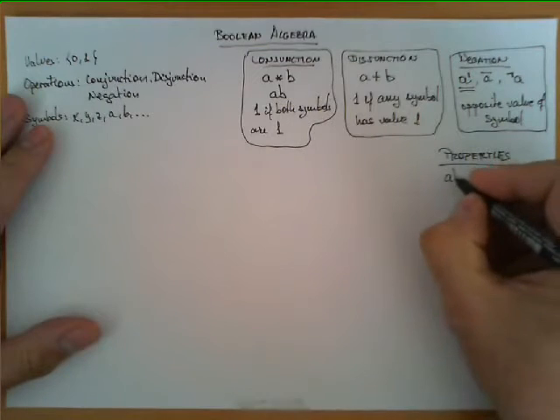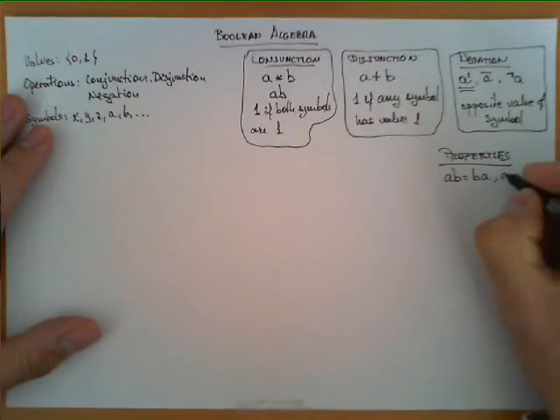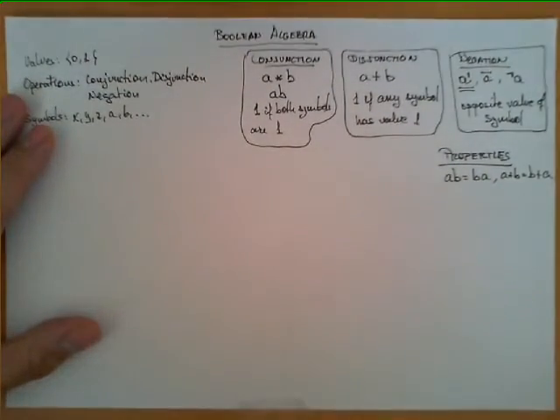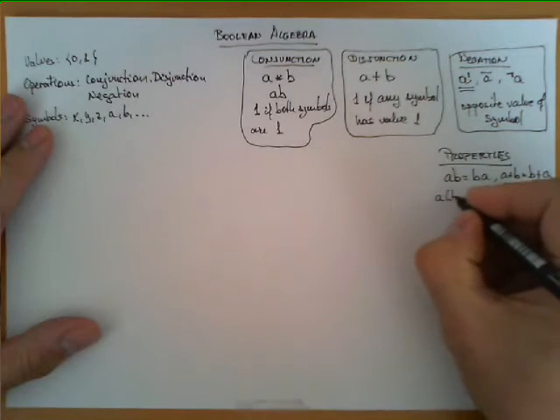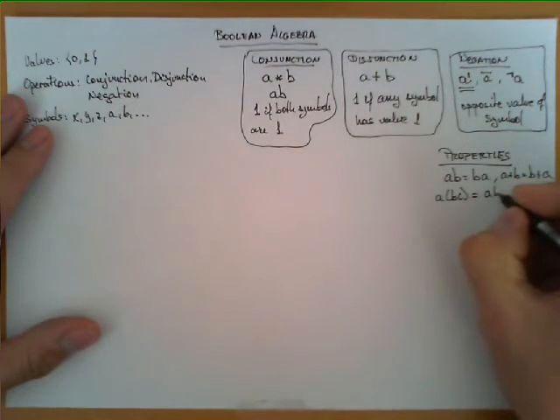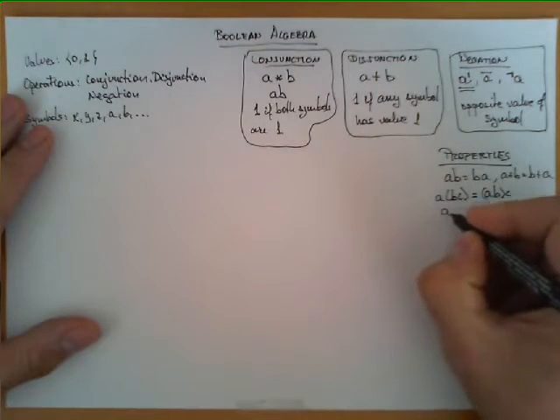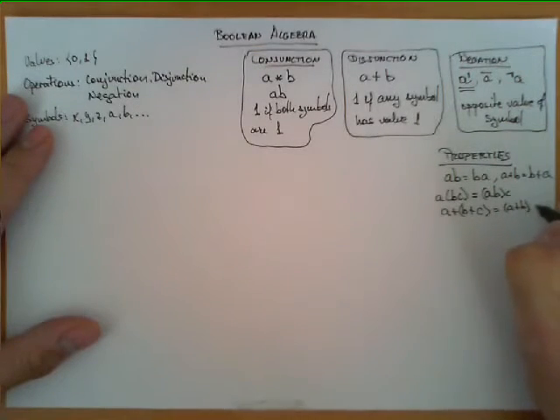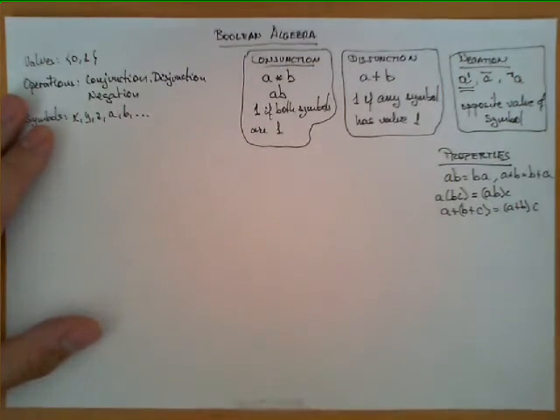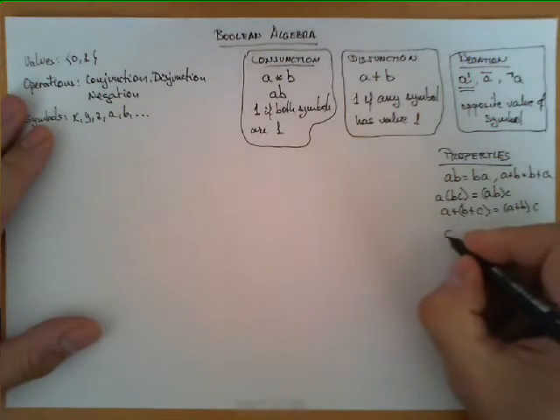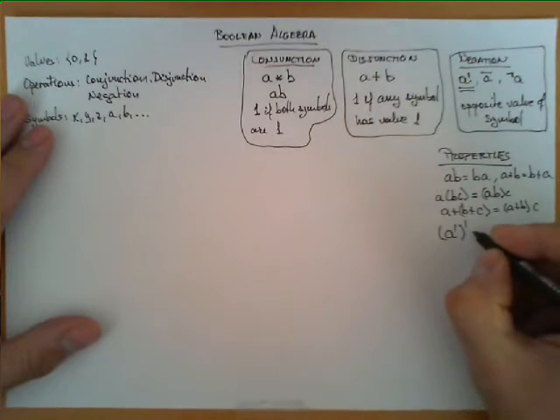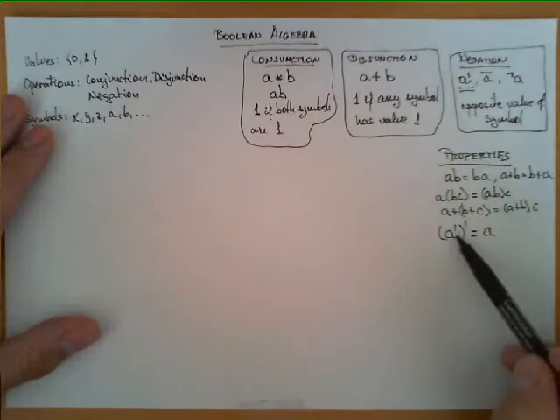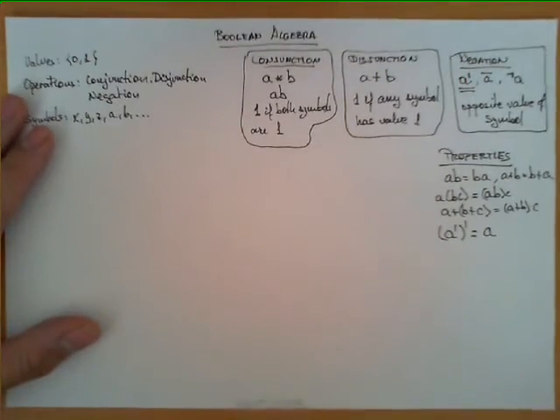So A times B is equal to B times A, and A plus B is equal to B plus A. They're also both associative, so A times B times C is equal to AB times C, and also A plus B plus C is equal to A plus B times C. An additional interesting property of the negation is that if I have the expression A prime prime, this is obviously equal to A, because as we saw, the operator changes the value to the opposite. Changing it twice to the opposite means that it retains its initial value.